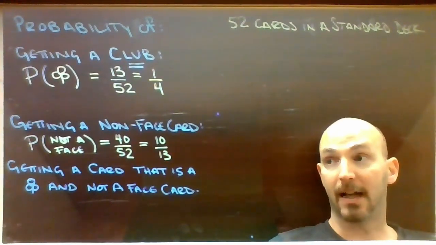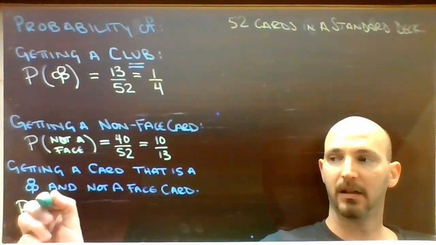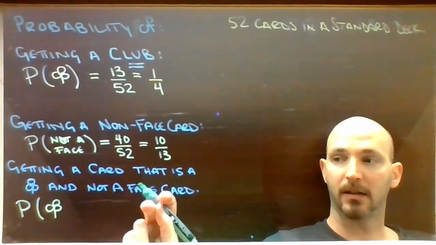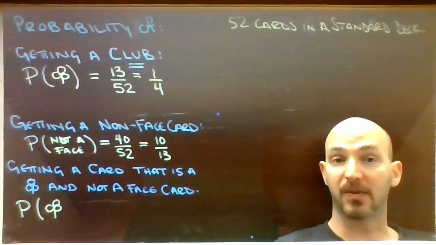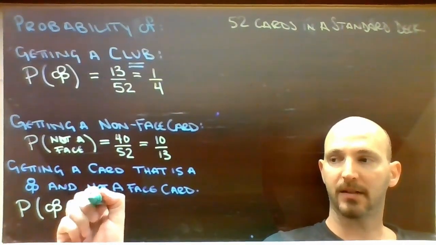So if I were to write that in my notation here, that would be the probability of a club. The word for "and" is the intersection symbol. And not a face.